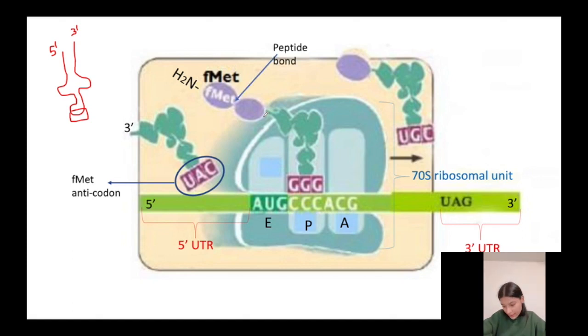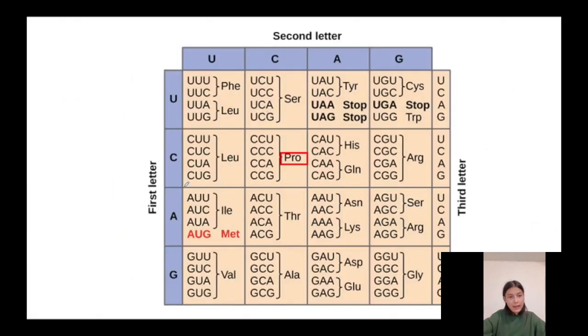In K, we ask you to identify the amino acid proline. So to identify the amino acid proline, what we need to do is look at these tables. These tables have the sequences on the messenger RNA that codes for specific amino acids.